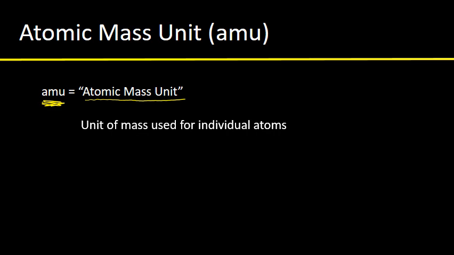If we're talking about some macroscopic object, like a vial containing water or salt or sugar or something like that, we would measure the mass in grams. But for individual atoms, they're so much smaller, it's easier to have a special unit just for those individual atoms. And so the unit that we're using is the AMU, or atomic mass unit.